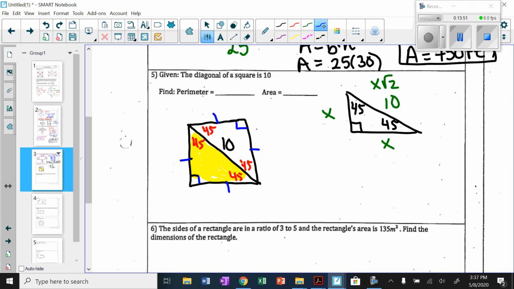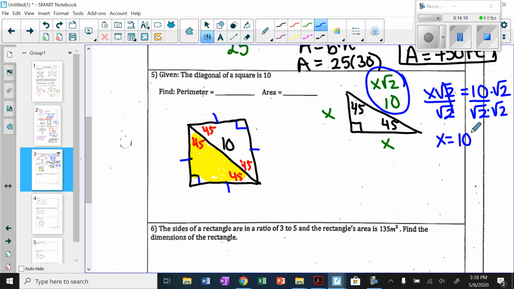So our equation is going to be x root 2 is equal to 10. Divide by root 2. Multiply by root 2. X is equal to 10 root 2 over 2. X is equal to 5 root 2.